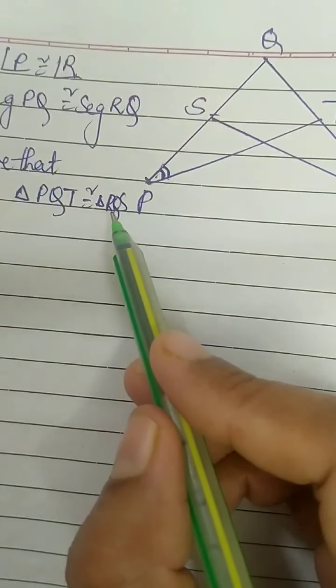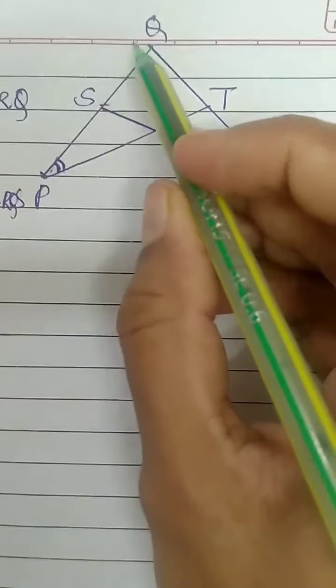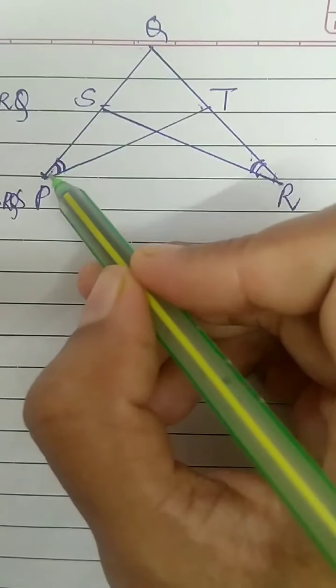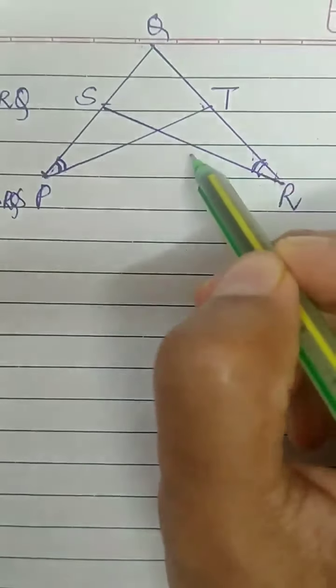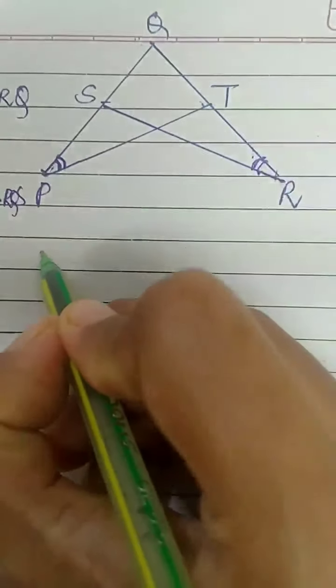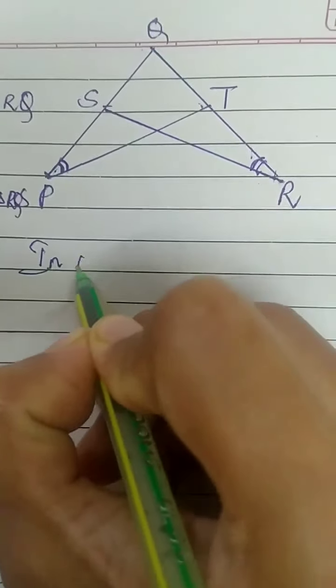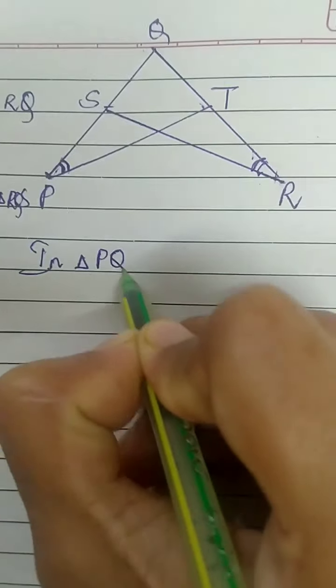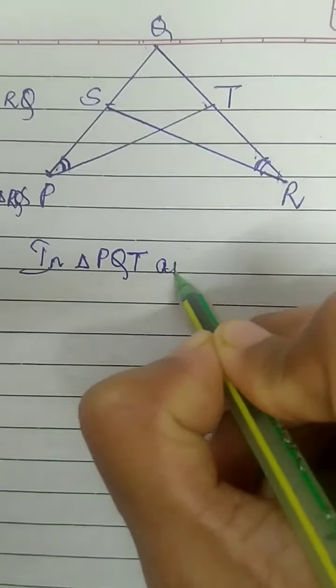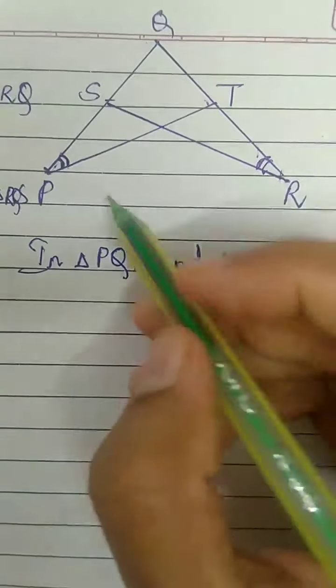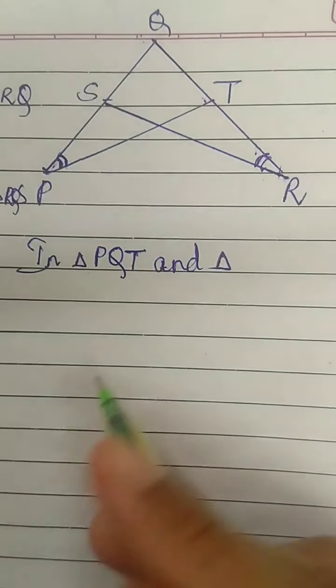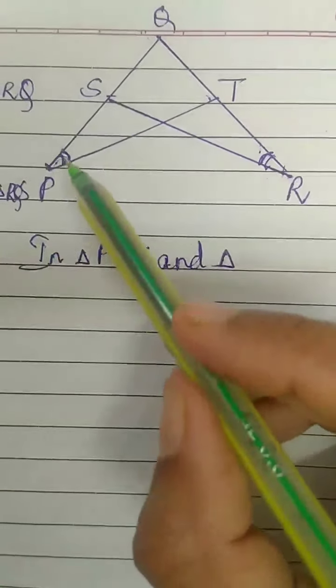Prove that triangle PQT congruent to triangle RQS. Triangle PQT, see, now I have marked, no, so it is easy for me to write the name of the triangle. So I'll write, in triangle PQT and triangle, same way. Now frame the name in your mind and check whether I am taking the same name.